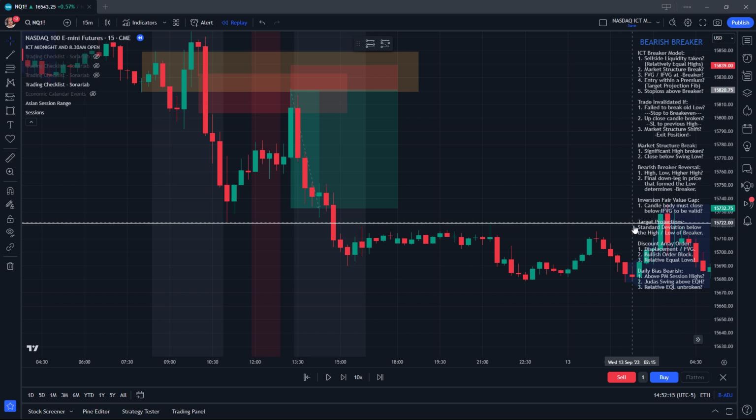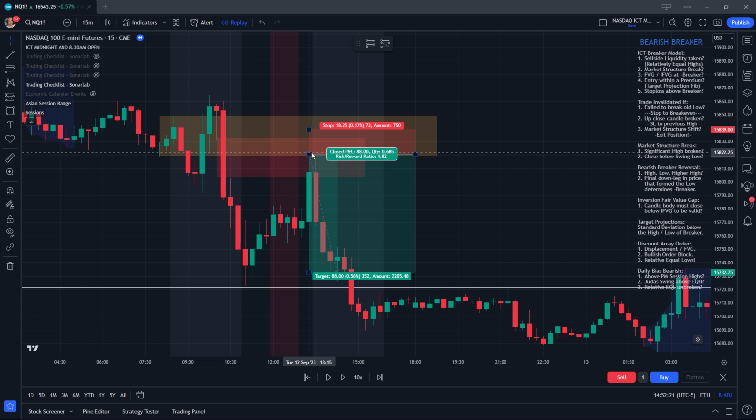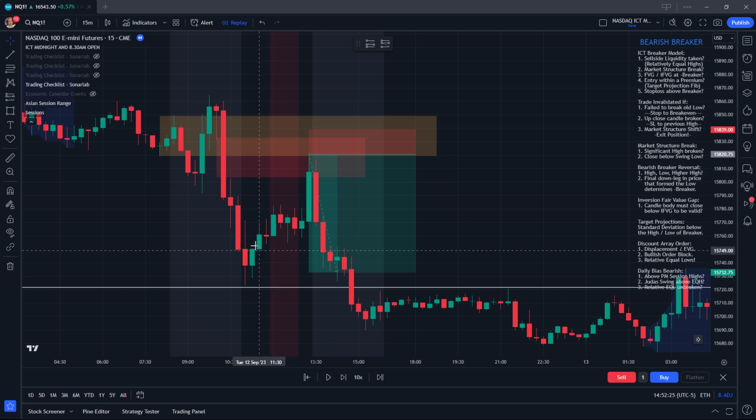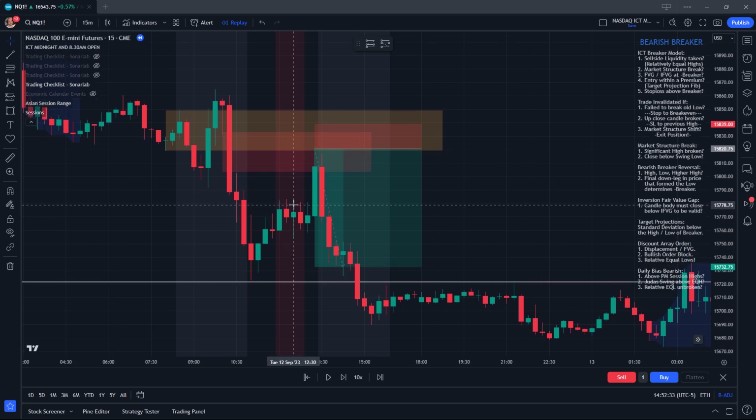And I guess if we're utilizing PD arrays, we could say, once we get entered into the trade, price is going to come down to a fair value gap. Can't really see it here on the 15-minute. Next, it's going to seek a bullish order block. Not really seeing a bullish order block here.